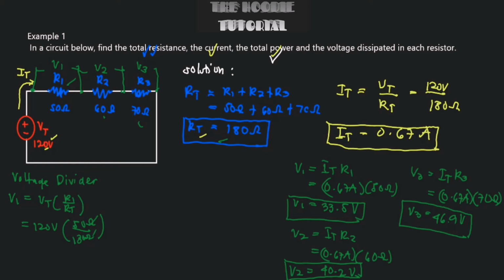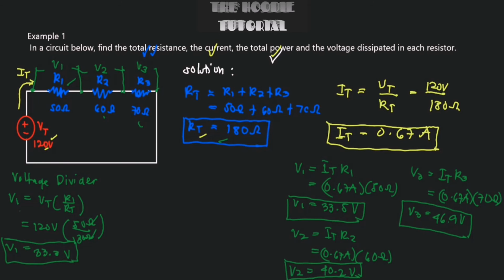The ohms would be cancelled, so we would have the voltage across R1. Let's put that into a calculator. That would be 33.3 volts. Let's box that. Notice that we have approximately the same outcome as when we use Ohm's law and the voltage divider.